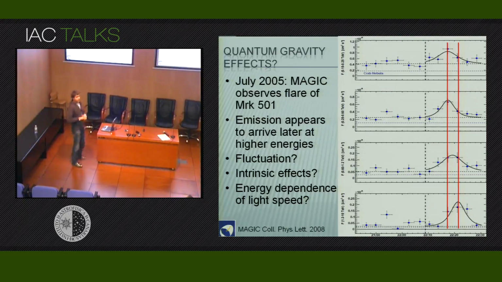I was drawing some lines here to make it maybe more visible. And then people were extremely excited because they were thinking that there may be some quantum gravity effects, in the sense that the highest energy gamma rays are maybe a little bit slower than the lower energy gamma rays, and we actually have Lorentz invariance violation.